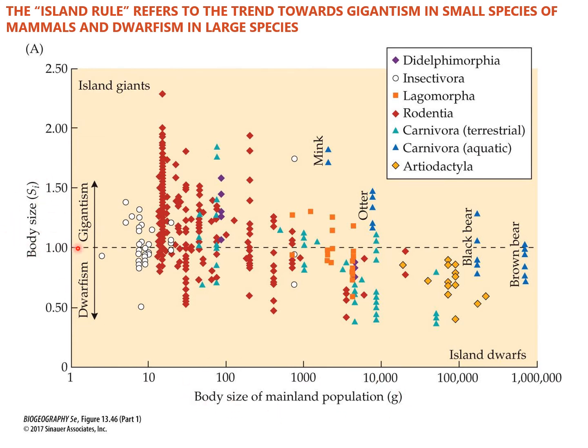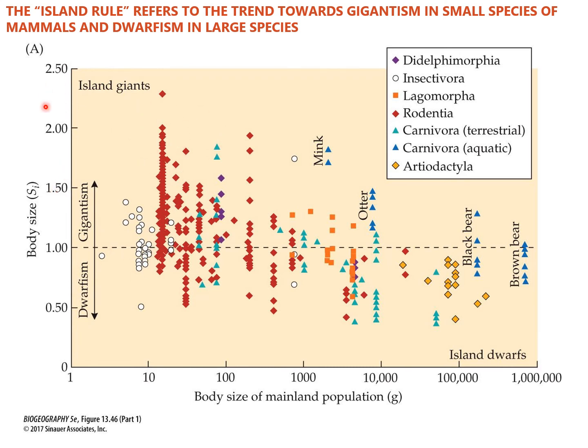population. And so if this is 1, basically this means that the body size is equal, is basically how they're plotting this out. It's sort of a ratio. So if this dashed line means that there's no difference, basically your size on the island is roughly the same size as your size on the mainland. What's going on here is that for small organisms, they tend to be larger.